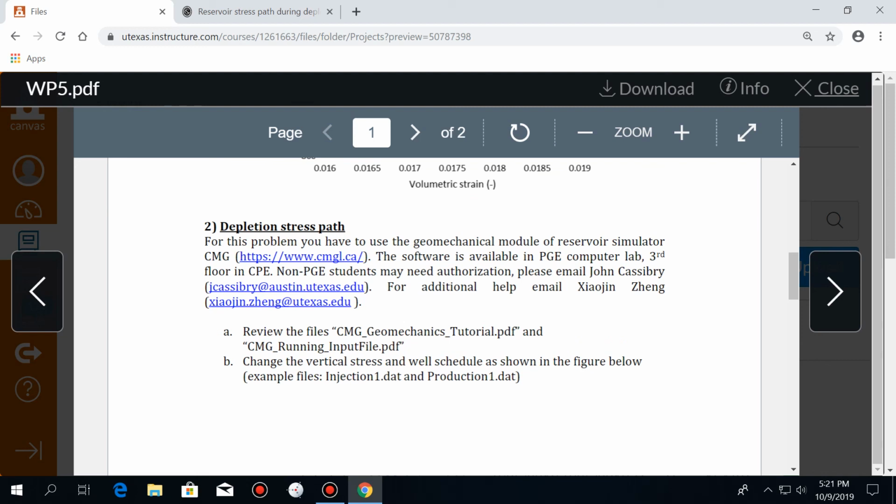I'm not sure we have those in geology. I don't think so. But just send an email to John, and he'll add you to the list of users, so you can log in to the computers here on the 2nd floor and run the simulations. What's the name of the lab? It's a computer lab. It's right above this room, somewhere over here.